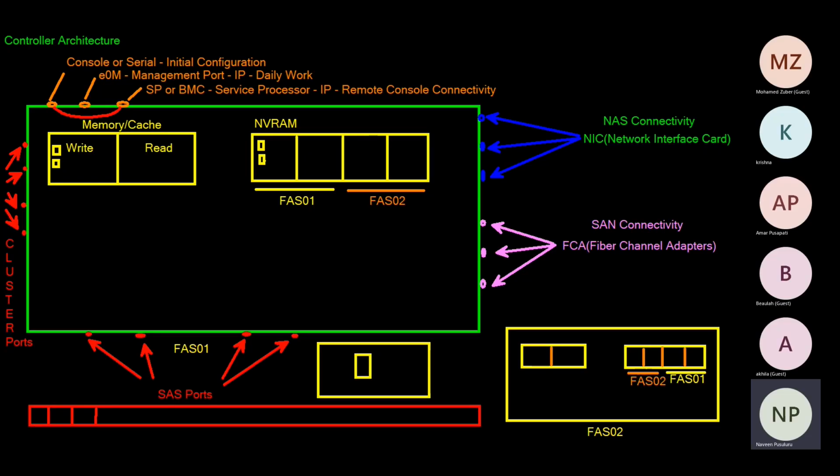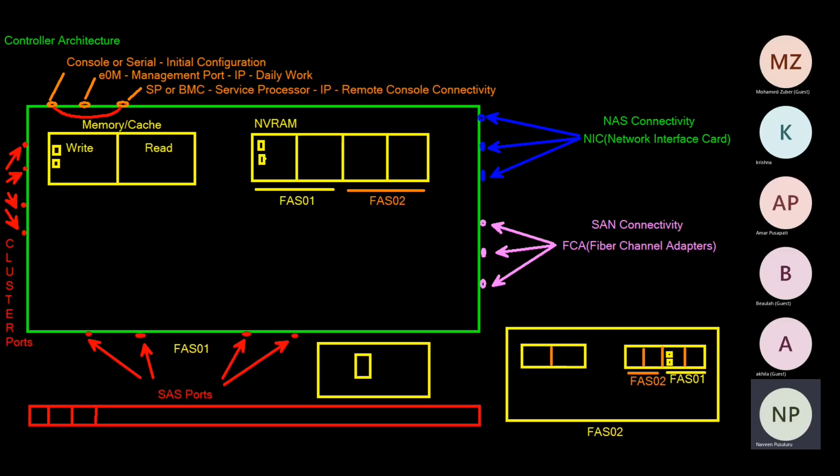And again, the same data will be written to the partner controller NVRAM reserve. In FAS also, we have a reserve for the partner in the NVRAM, so it will write the data there as well. So the same data is copied in three places. This is the original data, and these two are the journal copies of the data.